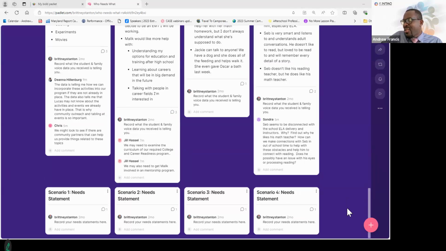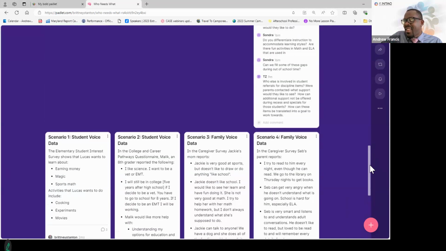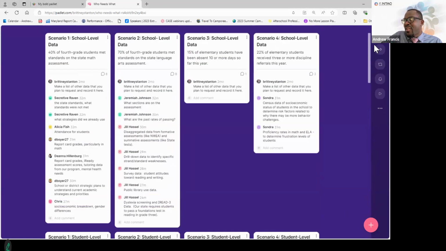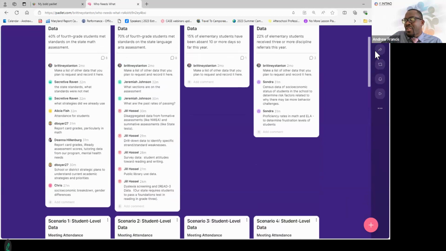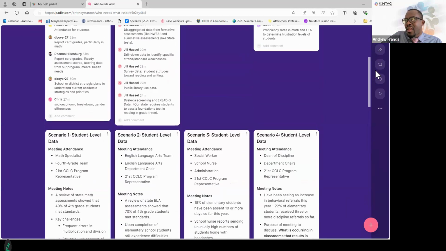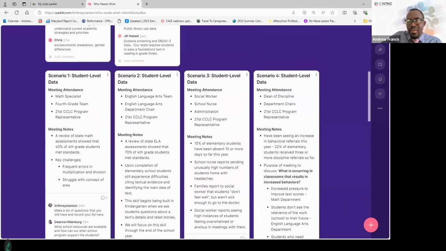Yep. So definitely one of the things that we want to do is that the statement needs to capture what we're seeing at the different levels, Shaz, in terms of the school or community level, the student level, and also the family voice level as well. That's important.